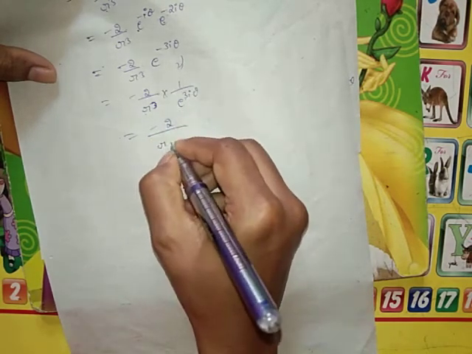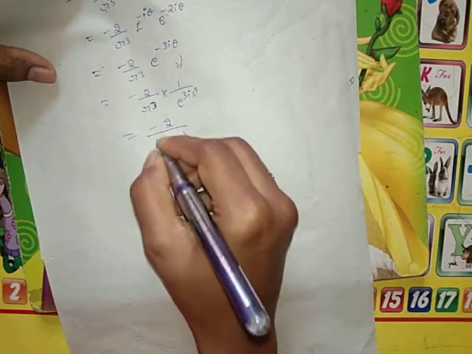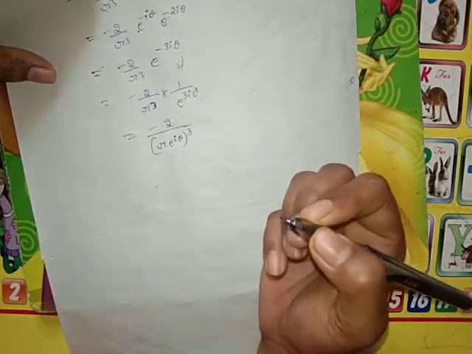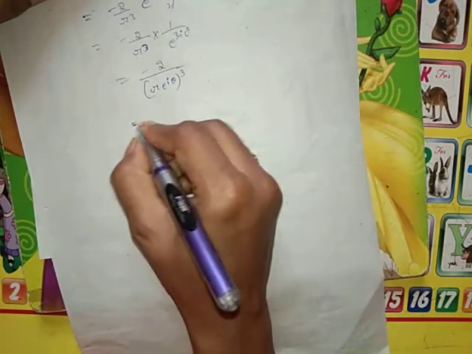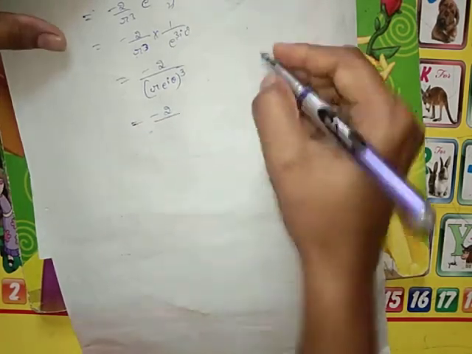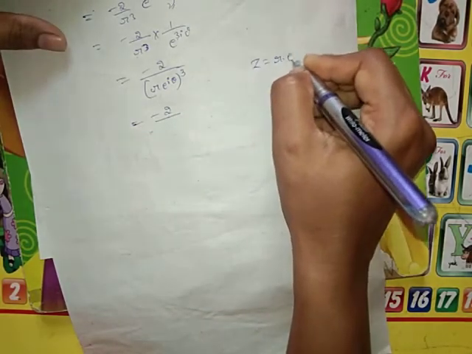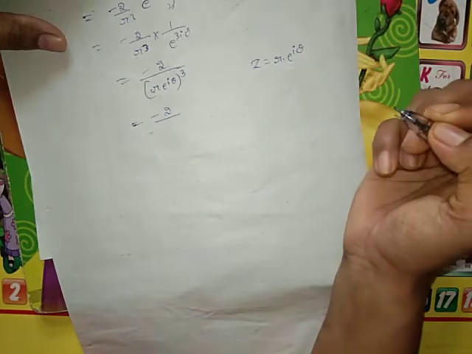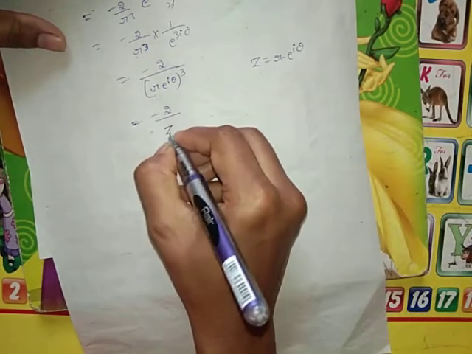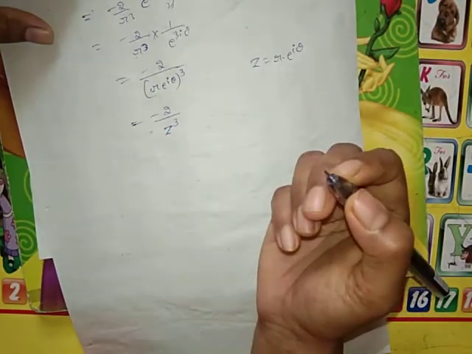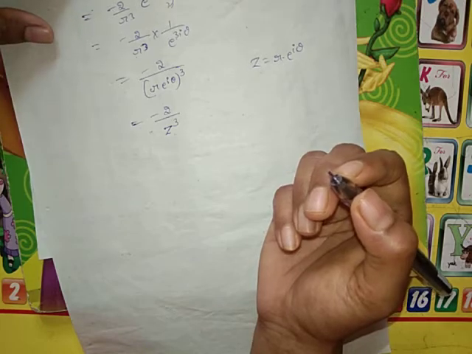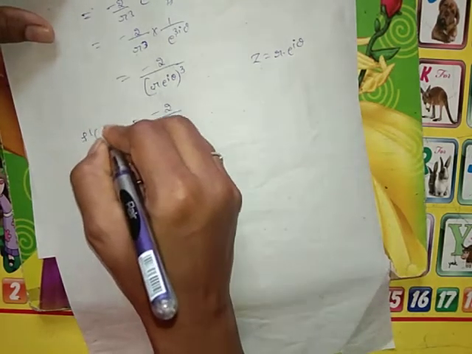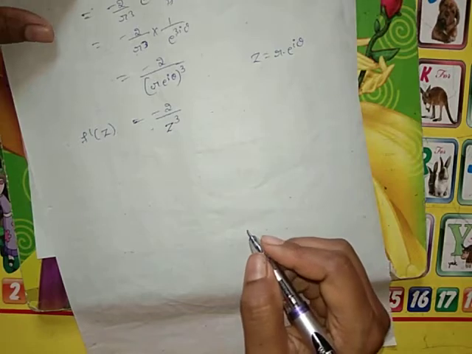So, you can write it as r into e raised to I theta whole cube. So, in the polar form, r into e raised to I theta is equal to z. Therefore, minus 2 divided by z cube. So, that is our f dash of z.